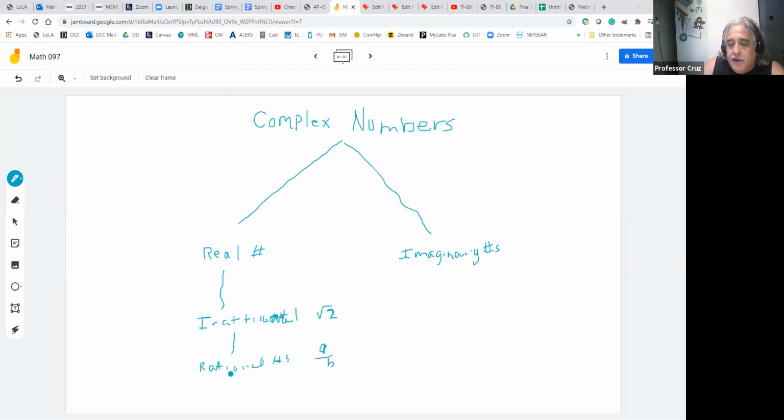And then we got, let's see, integers. And integers were just the positive and the negative numbers. And then we had, let's see, whole numbers, which include 0. And then we had the natural numbers.